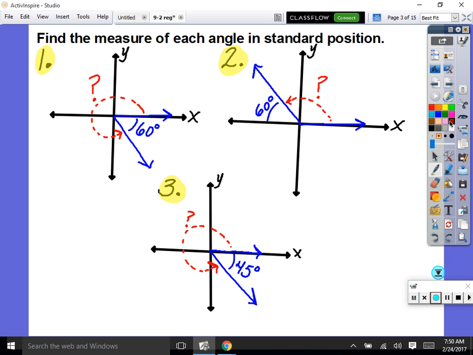So they gave us a hint. First of all, I want you to notice, we started here and we went around in the positive direction. Everybody understand? So this is a positive angle. Now, if we know that this distance, they give you a hint, from here to here is 60, can anyone think of how we can figure out what the angle is? Yeah, going all the way around would have been 360, right?